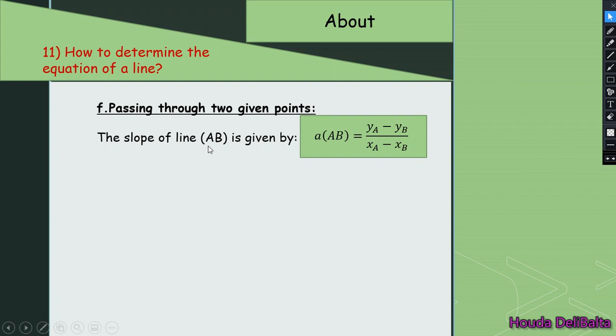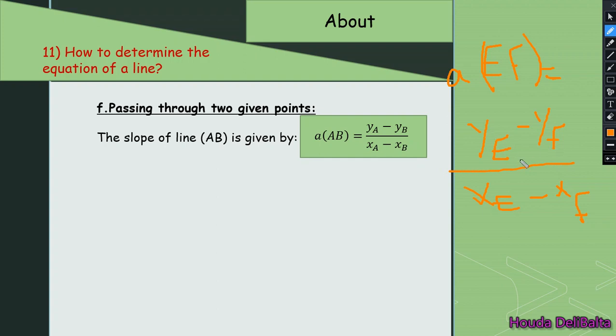For example, we have given A, we have given B, and we are going to find the equation of line AB. First of all, we have to find the slope of the line AB. If the line is named EF, then to find the slope of EF, we apply this rule by writing YE minus YF over XE minus XF, or we can write YF minus YE over XF minus XE.